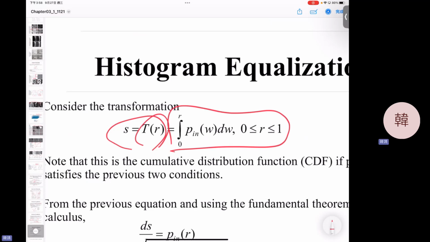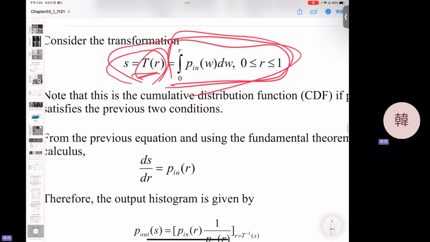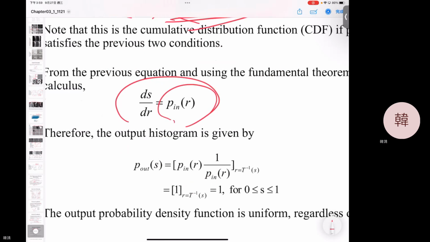If you remember probability, it is the accumulated integration of this, which means the CDF, the cumulative distribution function definition. If you have this definition for the new transform, what's ds/dr? ds/dr becomes like this, P in. Immediately, we just wrote in the previous slide the relation dr/ds, and ds/dr is just the inverse, so it becomes like this.